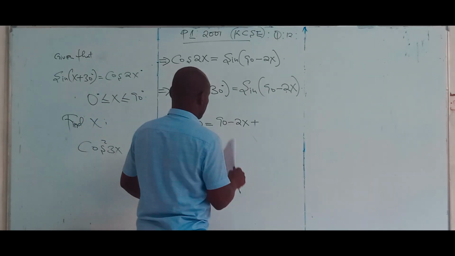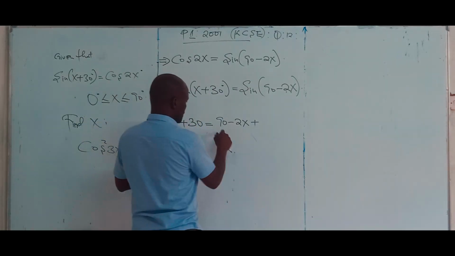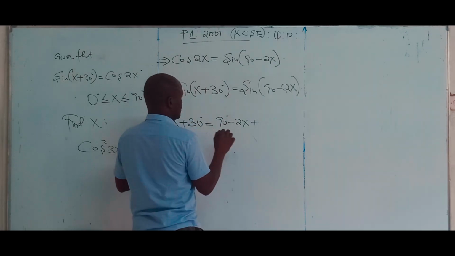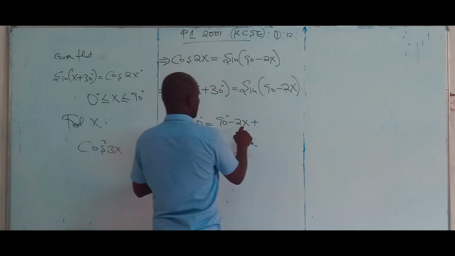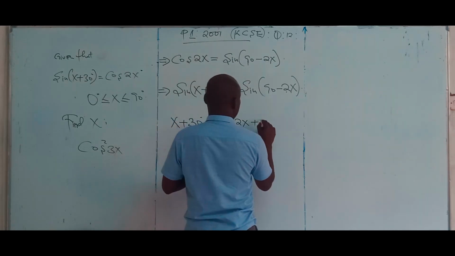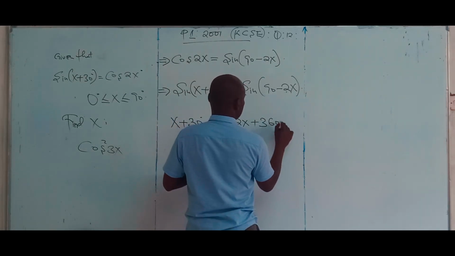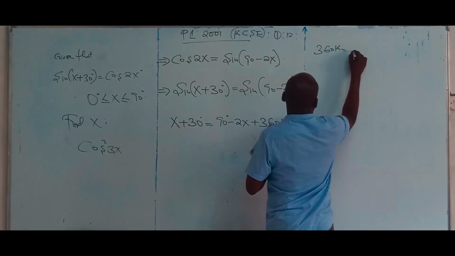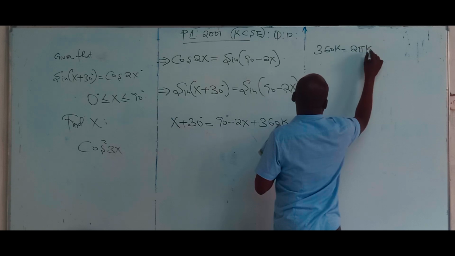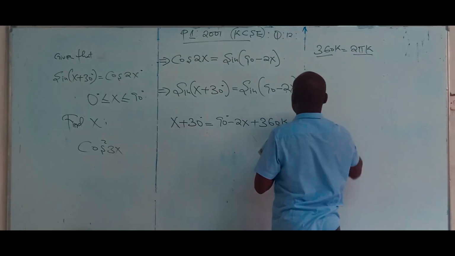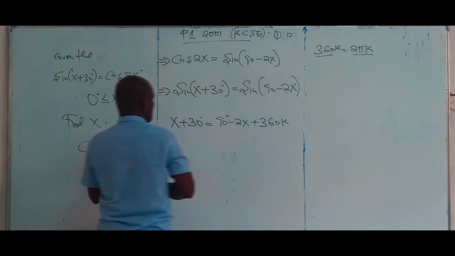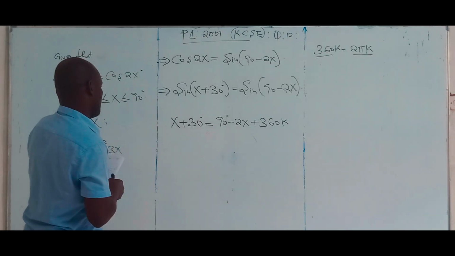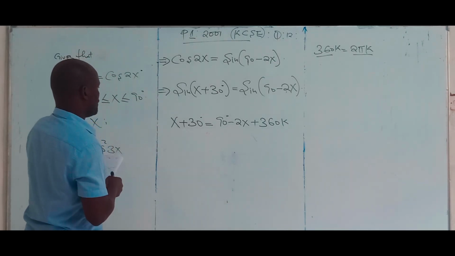That is 360 degrees, because this is already in degrees. 360K is the same as saying 2 pi K in radians. So that's what we have for the first expression.